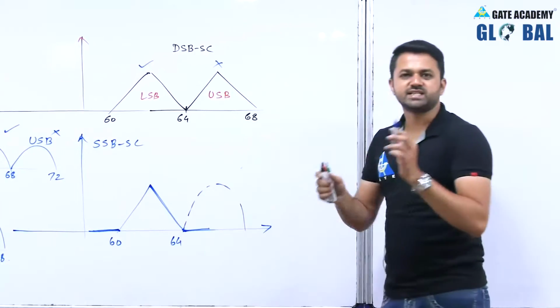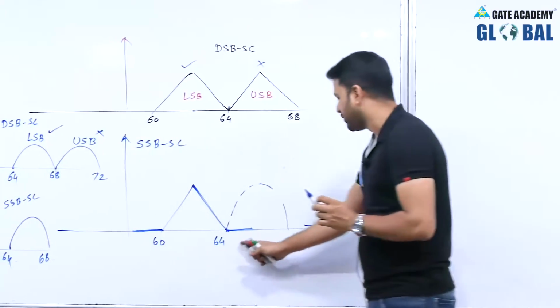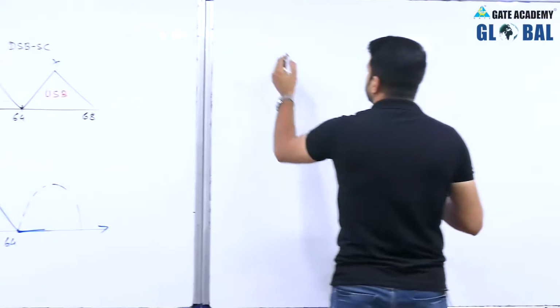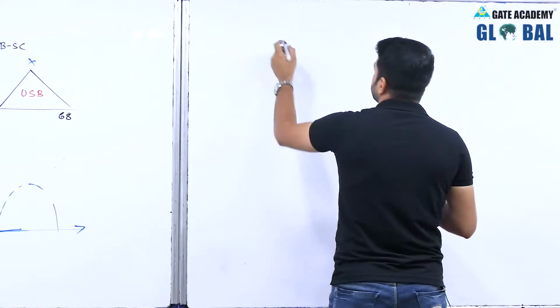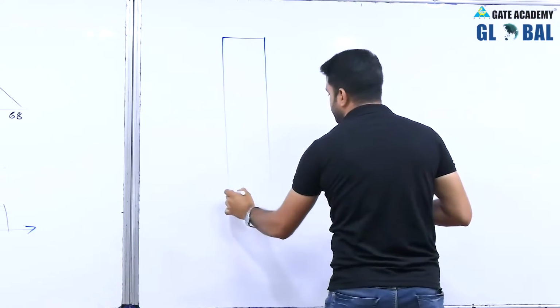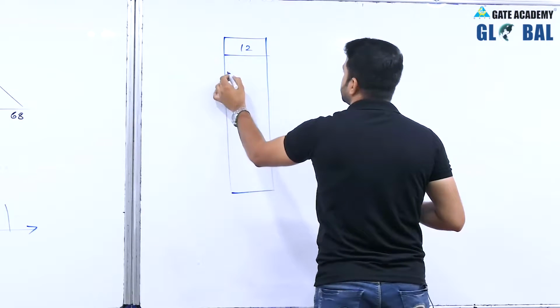So the first user has the range 60 to 64, the second user has the range 64 to 68, and similarly the third user will have some range. Now the overall range of the 12 channels, the combined range, because we have a total of 12 users.